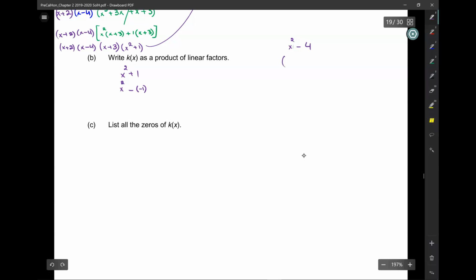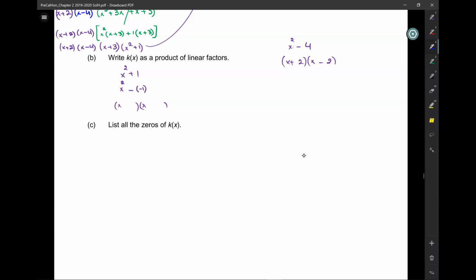Suppose it was x squared minus 4. What do you do? X, and then what do you do to the 4? You take a square root. Okay? So here, x, it's minus negative 1 because it came from the plus. So the plus, we rewrote it as minus minus.